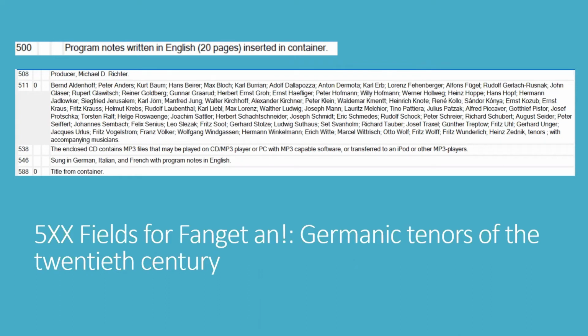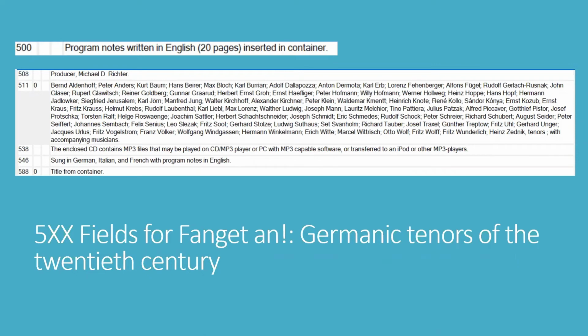So it tells us that the CD contains MP3 files that may be played on CD MP3 player or a PC with MP3 capable software, or transferred to an iPod or other MP3 player. The 546 field, Language note, informs us that the opera is sung in German, Italian, and French, and that the program notes are written in English.